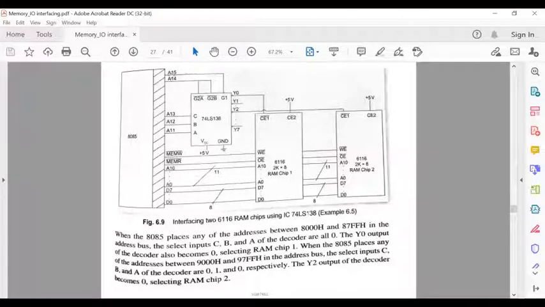So the A15 line is always logic 1, so that's why it is connected to this pin. And the A14 line is always 0 as per the memory mapping table, and G2A bar and G2B bar require logic 0 to activate this IC. So it is to be connected with the A14 line. Is it clear?